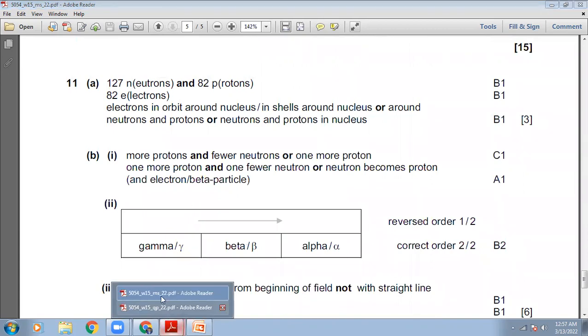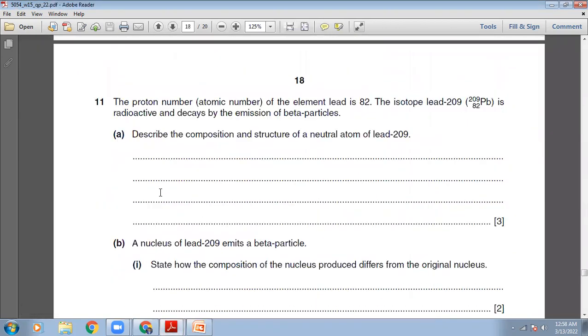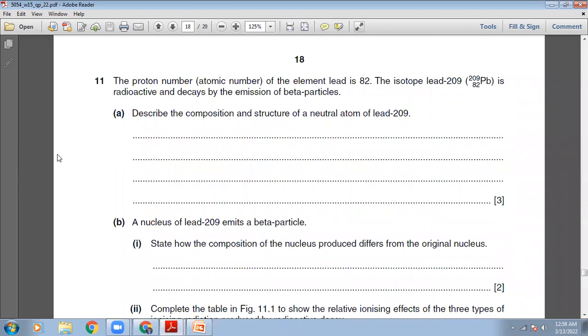So question number 11 is coming up on your screen. It says the proton number, the atomic number, of the element lead is 82. The isotope lead-209 is radioactive and decays by the emission of a beta particle. Describe the composition and the structure of a neutral atom of lead-209.